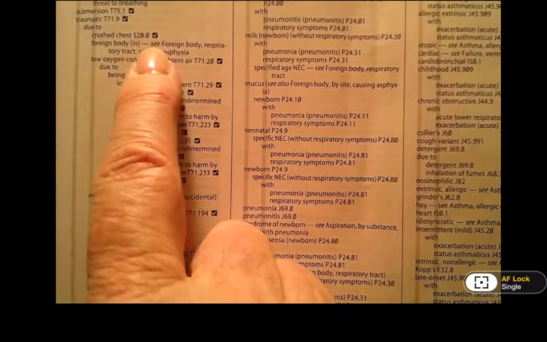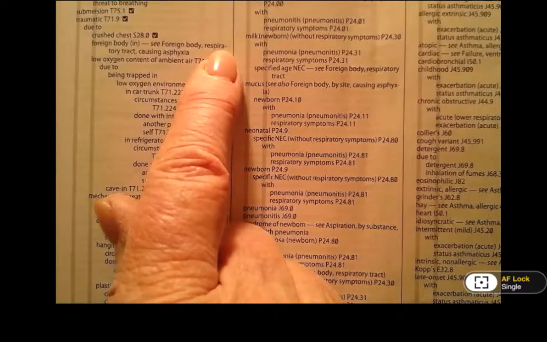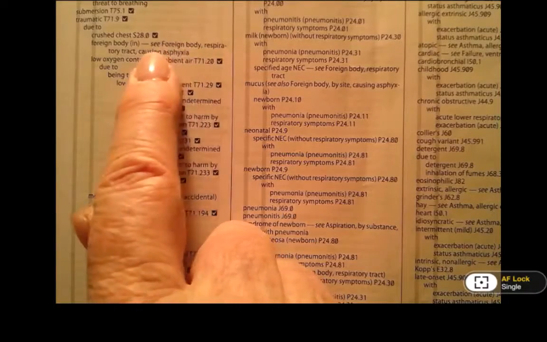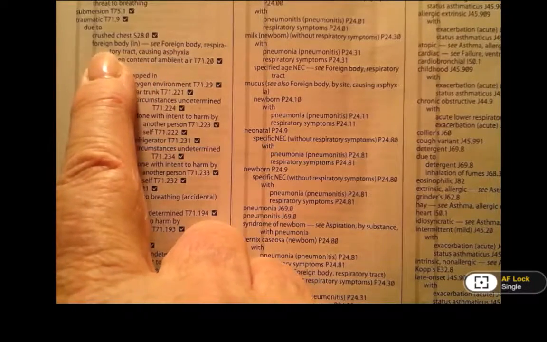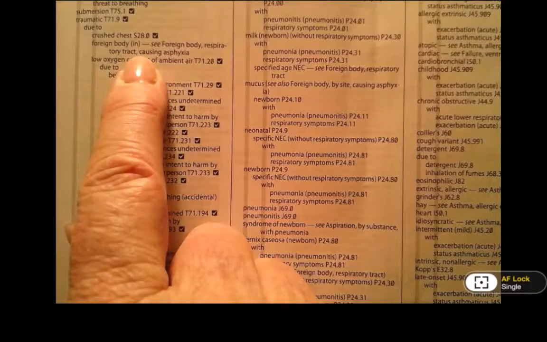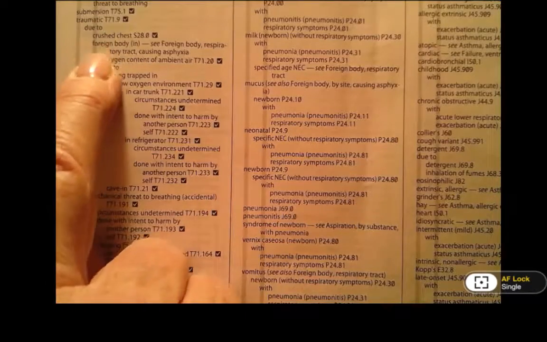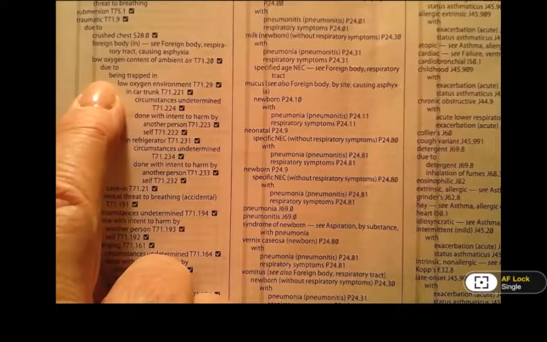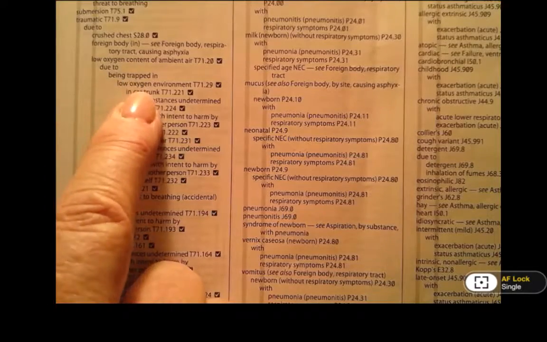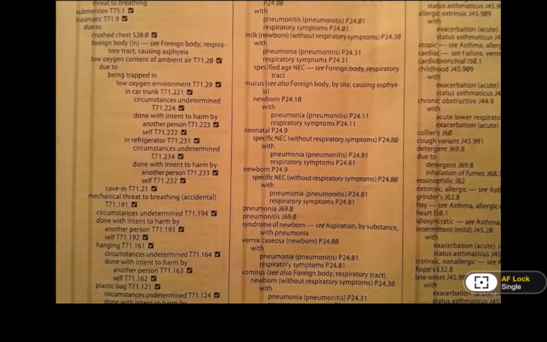This one line right here is a carryover line when it says see foreign body, respiratory tract. It has been indented twice when it's a carryover line. Otherwise, your indentations here mean something. They mean you're going to the next level for a term. And it's important to be able to follow that as it's indented.